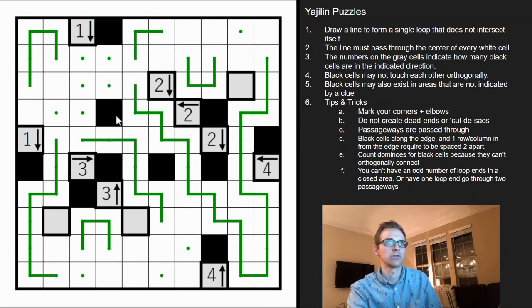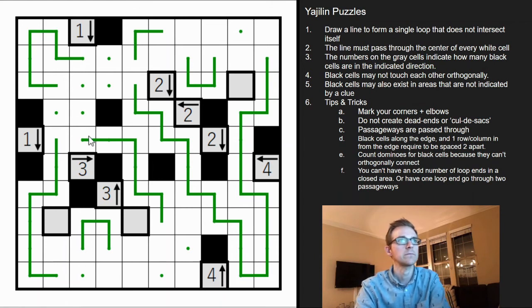Okay, we're getting closer. This 2 now is very limited. There's only this one cell left to have the black square, so that comes around. This can't close in on itself, so that has to turn. Let's see. What am I missing?